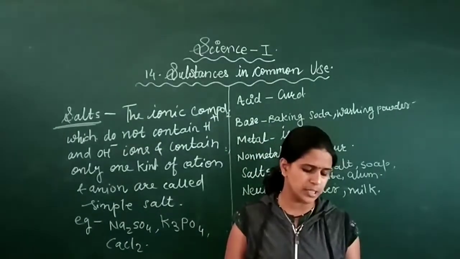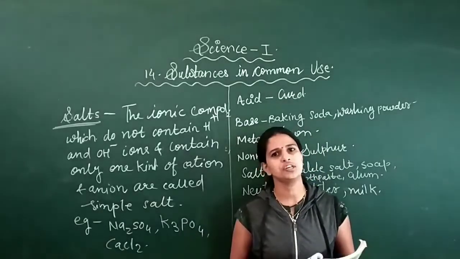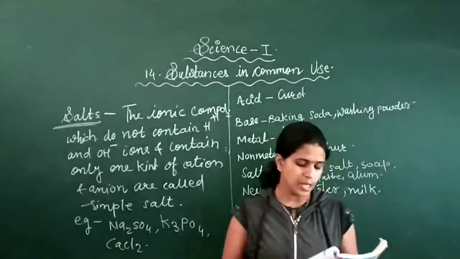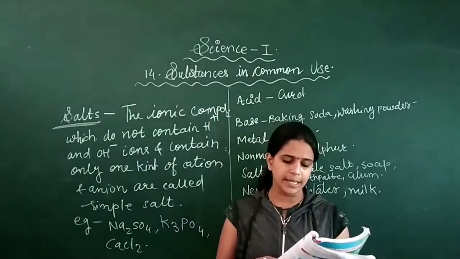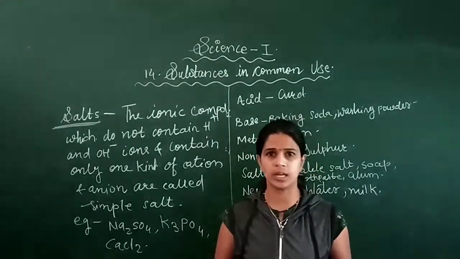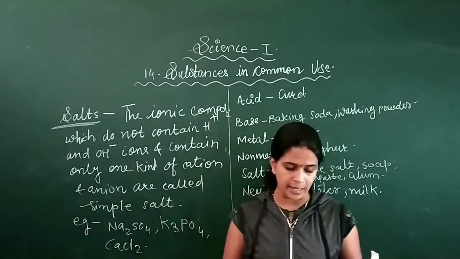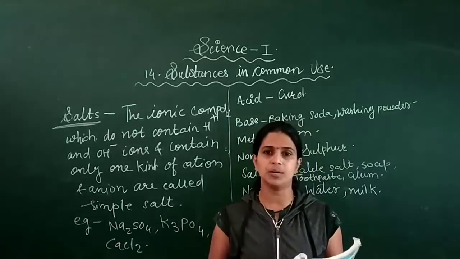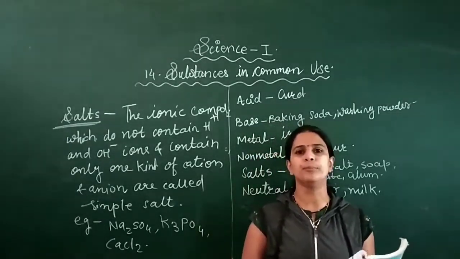Okay, now the next one is magnesium chloride. This is also a salt which is present in seawater. The third is magnesium sulfate. Okay. Then the fourth one, potassium chloride. Fifth is calcium carbonate, and the sixth one is magnesium bromide.